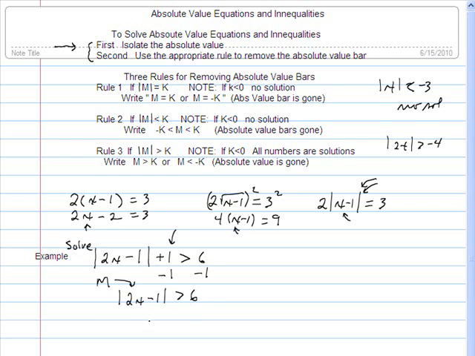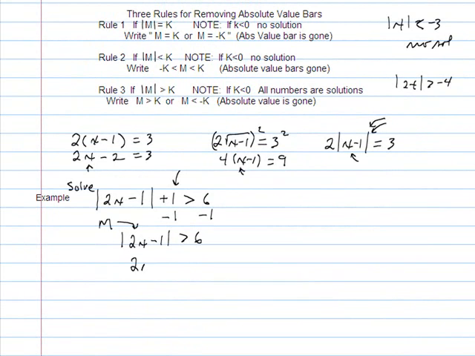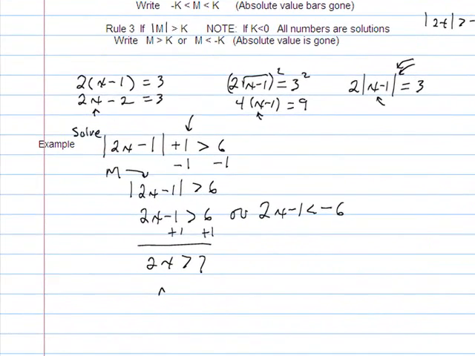Rule 3 says write the following. The mess is greater than k, or the mess is less than negative k. Now we're going to solve that out. I add 1 to both sides, and I get 2x is greater than 7, so x is greater than 7/2, which is 3.5.